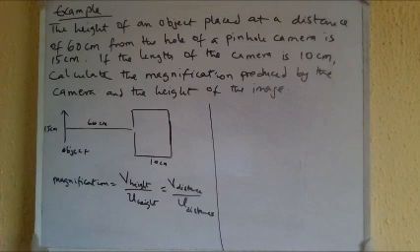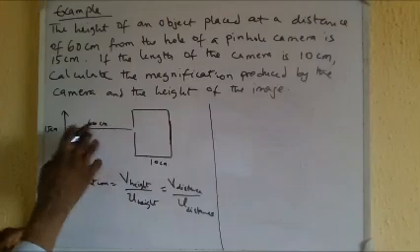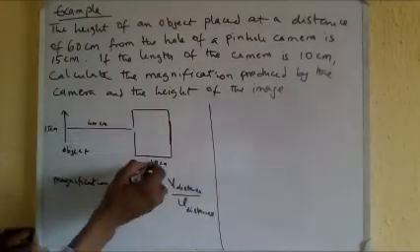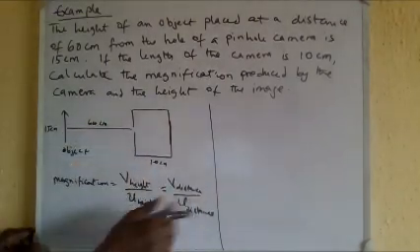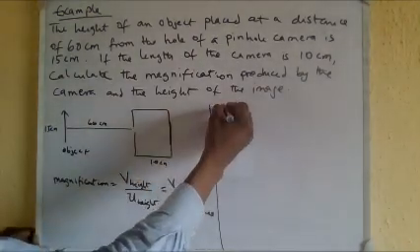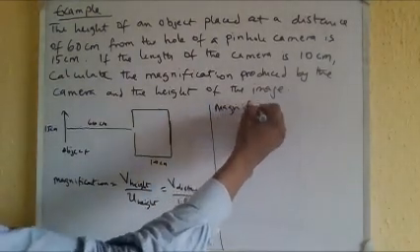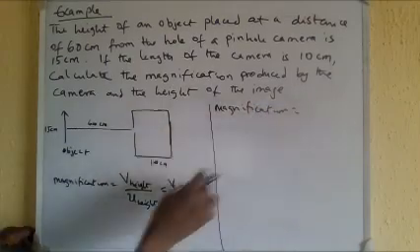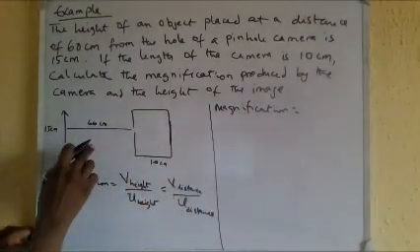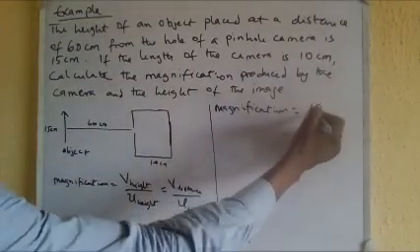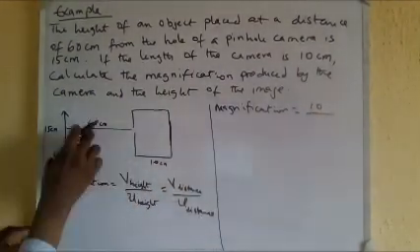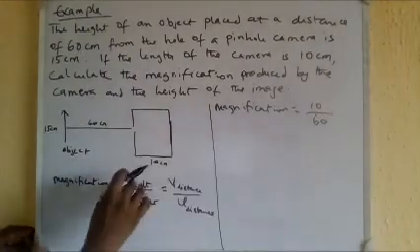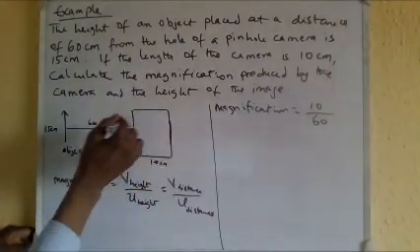Now we are given two things here. We have this distance and this distance. So we have these two parameters. I can get magnification straight away. Magnification is image distance, which is 10, over object distance, which is 60. Why? Because 10 is the distance between the pinhole and where the image is formed.